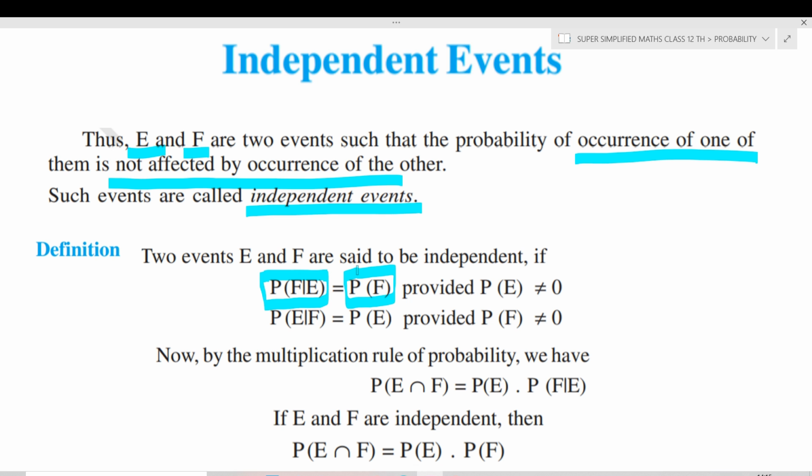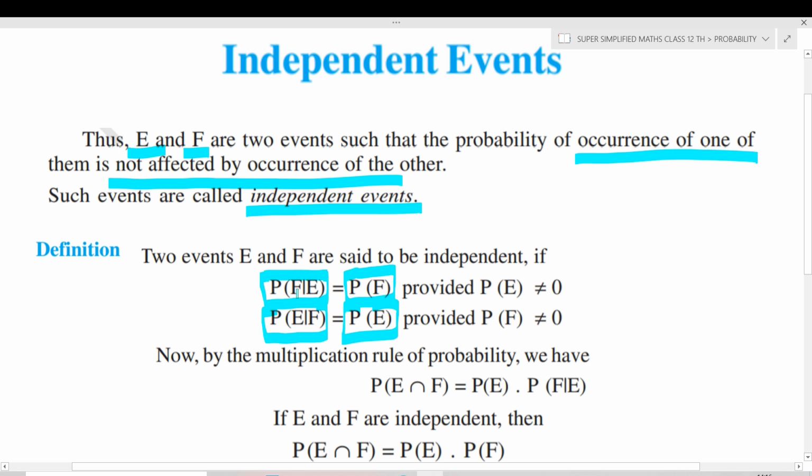Or we can say that if the probability of E by F is the same as the probability of E. P of E by F means the probability of occurrence of E after F. If it is the same as P of E, that means the probability of the independent occurrence of E without the occurrence of F, then we also say that events E and F are independent.